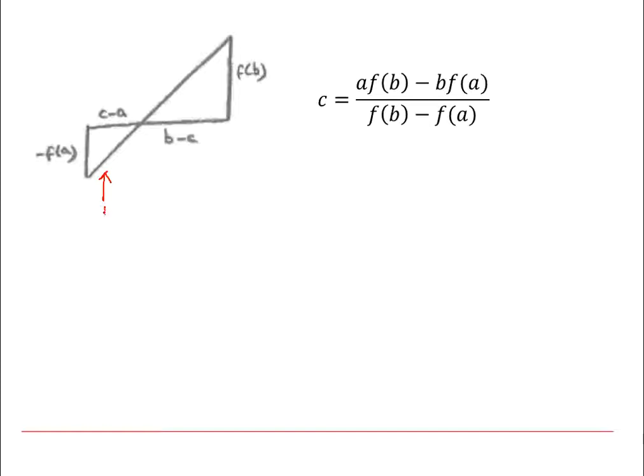Call that triangle 1, for future reference, and triangle 2, and if we label that angle theta, then that's going to be theta as well, and we can see that the side FB in triangle 2 is going to correspond to the side f of A, or minus f of A, in triangle 1. Note that in this example, f of A was negative, so minus f of A is a positive quantity. It's the length in triangle 1.